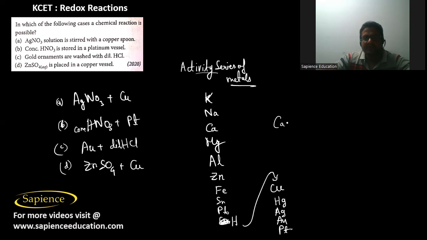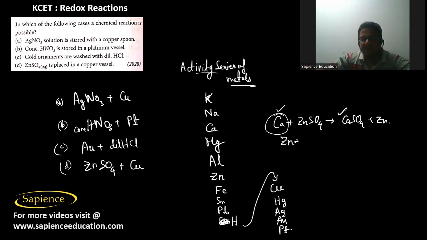Suppose if we react calcium with zinc sulfate, then reaction will happen. It means that it will form calcium sulfate plus zinc, since calcium is placed higher than zinc, since calcium is more reactive than zinc.